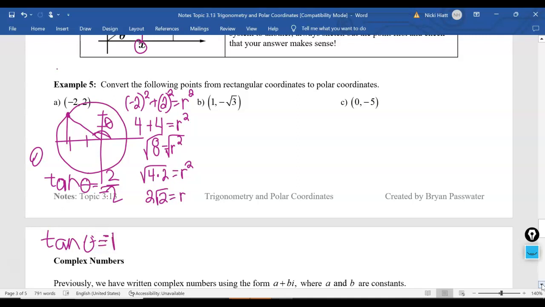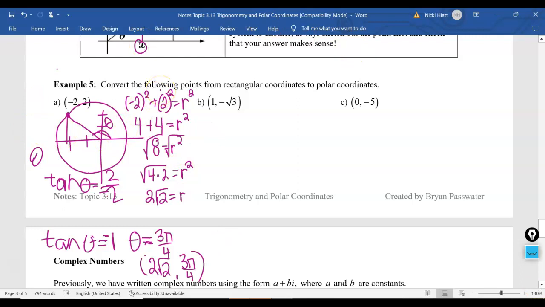And keep in mind which quadrant you're in. You're in that second quadrant, so there that angle is going to be 3 pi over 4. So in rectangular coordinates, I've got negative 2 over 2. In polar coordinates, I'm going to have 2 square root of 2 and 3 pi over 4. So that'll be my answer for part A.